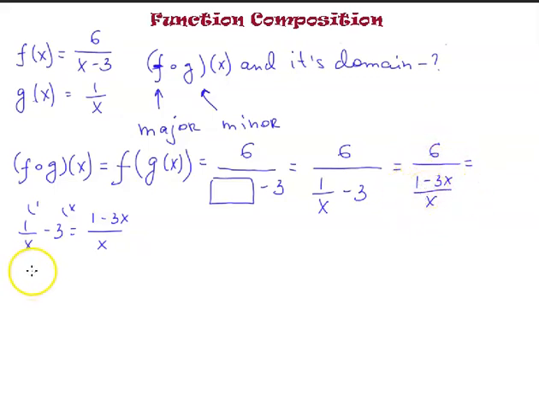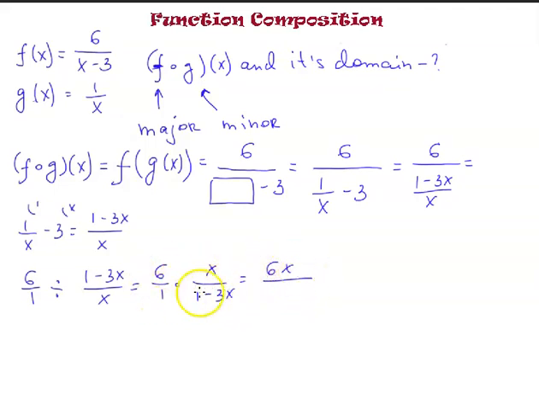So I have 6 over 1, and I will rewrite it as divided by 1 minus 3x over x. Now I'm dealing with dividing two fractions, and I will switch division to multiplication, and then I can multiply straight across: 6x over 1 minus 3x.